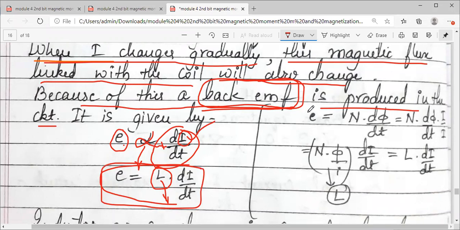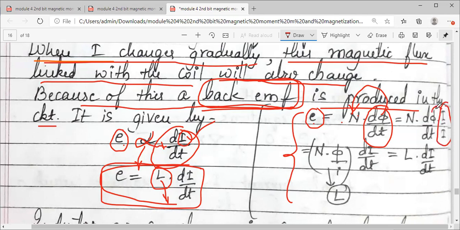How have I got that? Just side में मैंने लिखा है. You can see, this EMF is actually E equals N d phi by dt. जितना flux change हो रहा है, and because flux is associated with the number of turns in the coil, I have multiplied that by N into d phi by dt. Further, I have multiplied and divided by I on both sides.